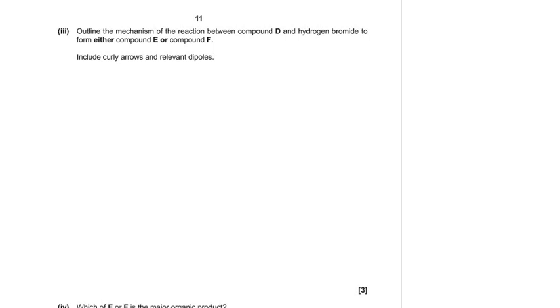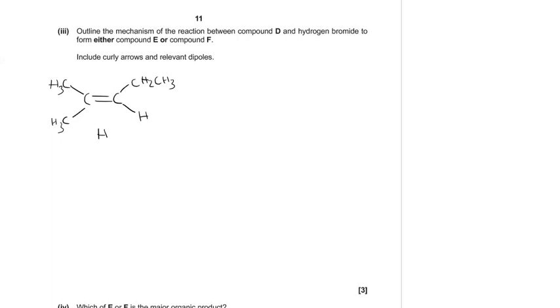So if we draw out what compound D looks like, we've got our H3C here, and we've got C like this with our double bond. Then over here we've got our C going to a CH2CH3 and a H. Now they said we can draw out either one that we like, so let's see where we end up.